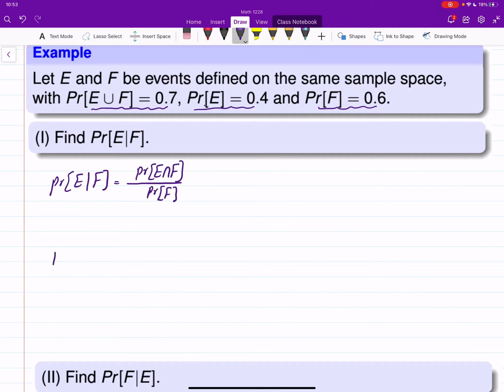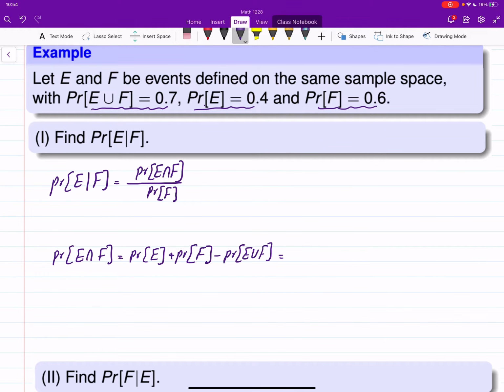The probability of the intersection is equal to the sum of the probabilities of each of these events minus the probability of the union. This is a formula that we have been using. Sometimes it's the other way around, with the union on the left-hand side and the intersection on the right-hand side, but both are the same formula.